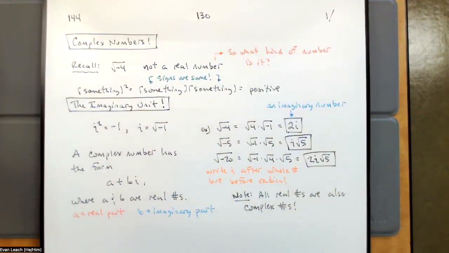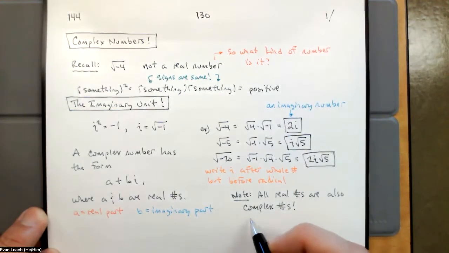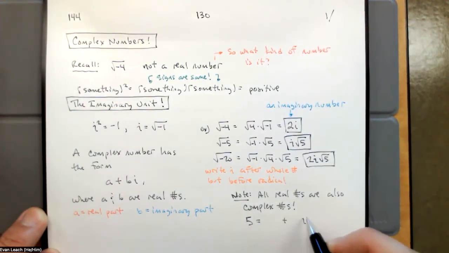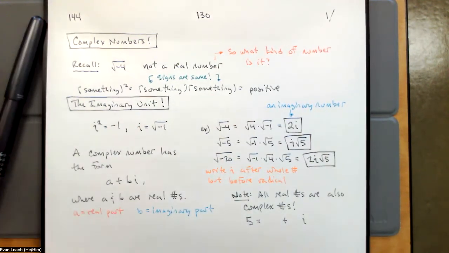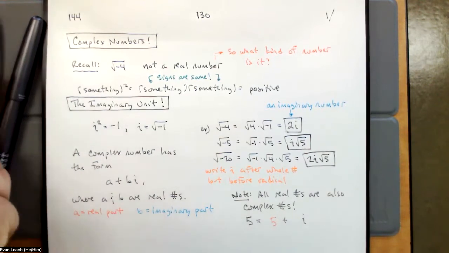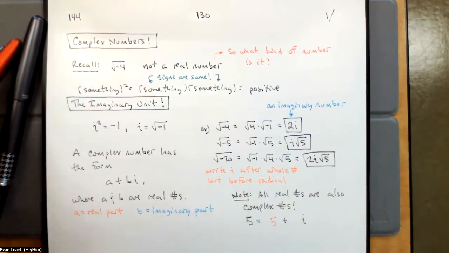So all real numbers are also complex numbers. They have 0 imaginary parts. The real number 5 has 5 for a real part and 0 for an imaginary part.